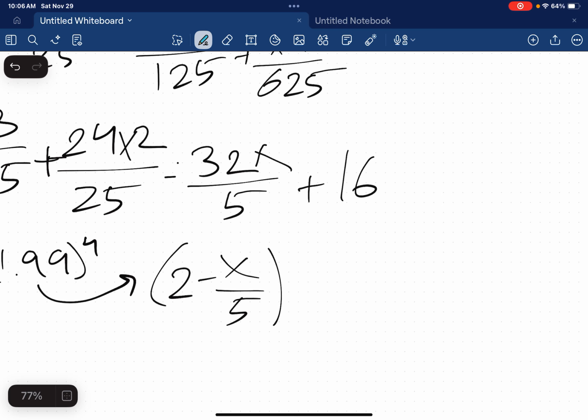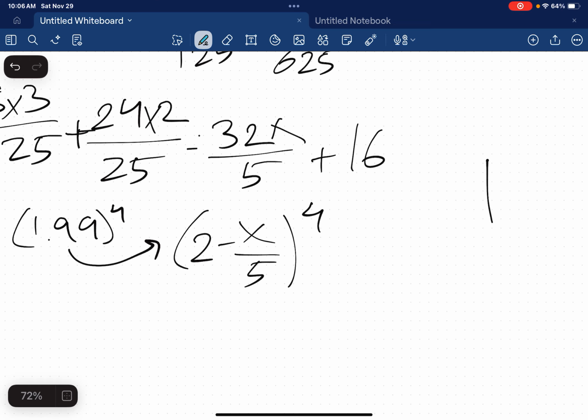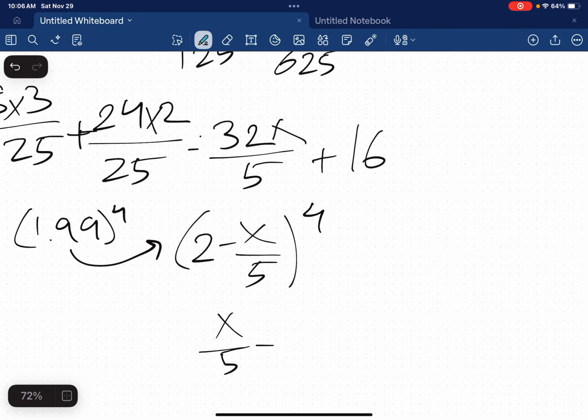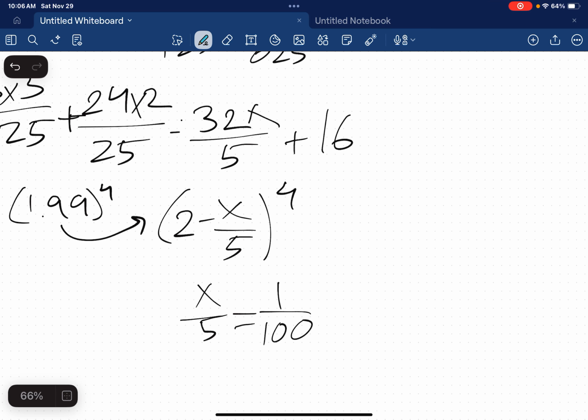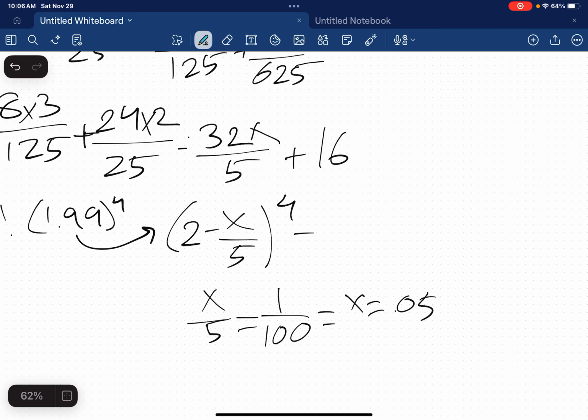We need x divided by 5 to be equal to 1 divided by 100. That means x is going to be equal to 0.05. This is going to be equal to 2 minus 0.05 over 5 to the 4th.